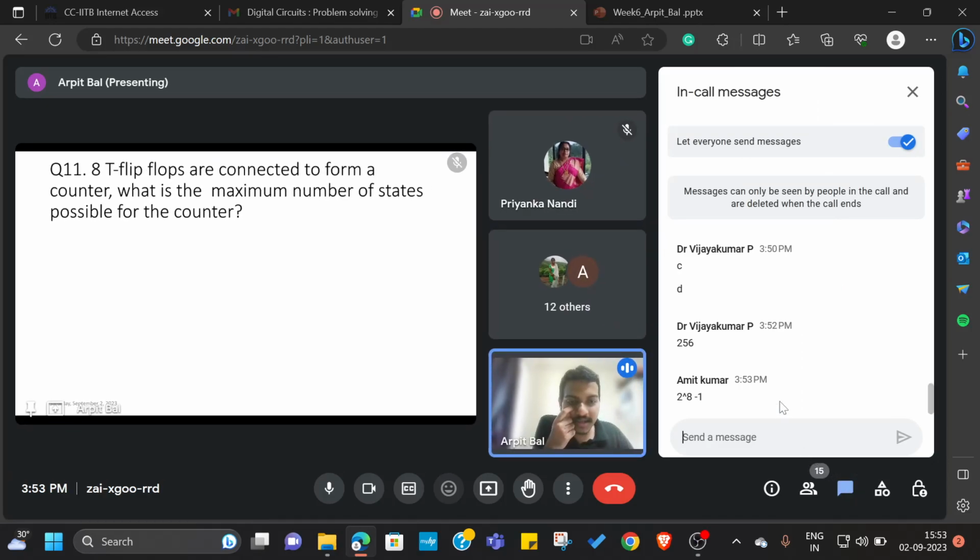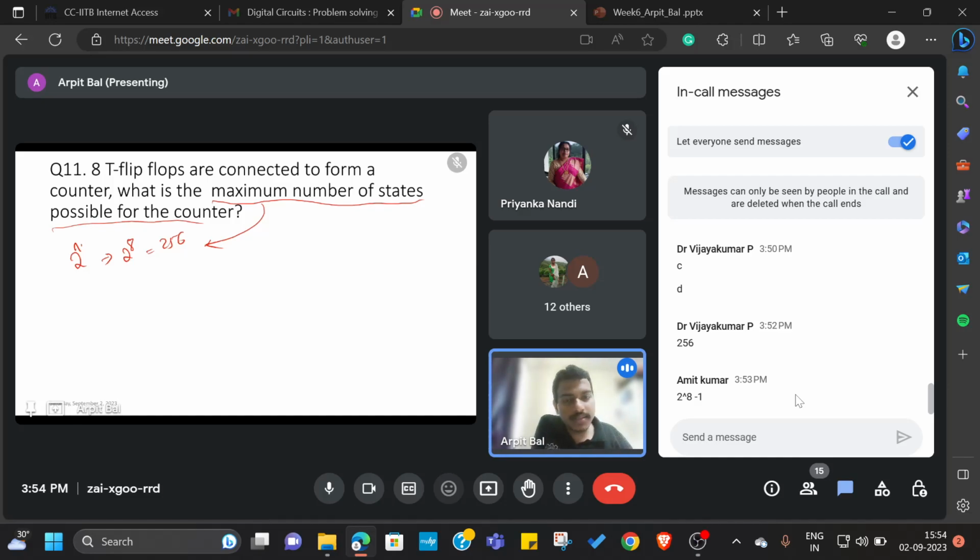So actually here I'll explain two things. There are two answers that I can see on the chat box. One answer says 256, another answer says 2 to the power 8 minus 1. Whenever you are asked the maximum number of states possible for a counter, the correct answer is 2 to the power n. So here it is 2 to the power 8, that is 256. But I received another answer which says 2 to the power 8 minus 1.